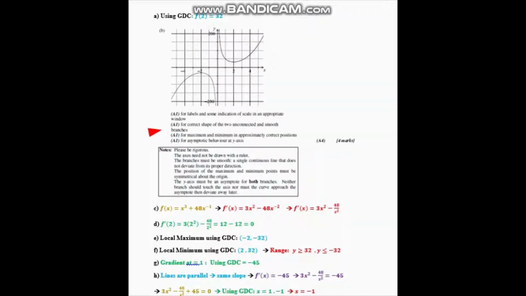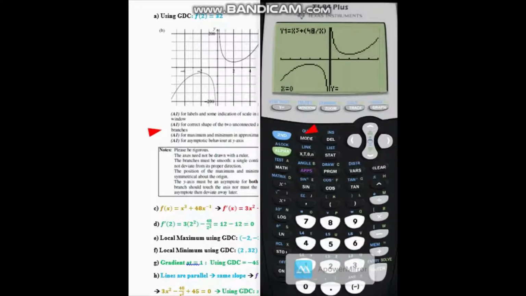You get a mark for the maximum and the minimum in approximately correct positions. So again, from the GDC, the maximum here is approximately at negative 2, and the minimum is approximately at 2 or slightly before 2. So you need to make sure this is reflected on your sketch.